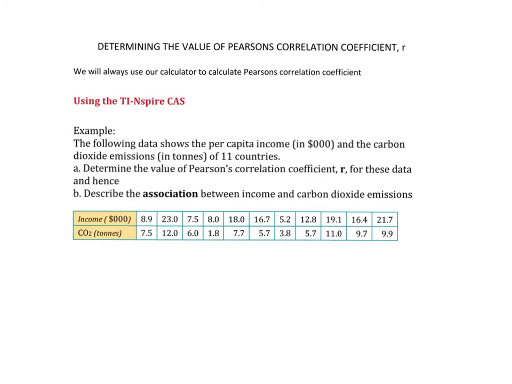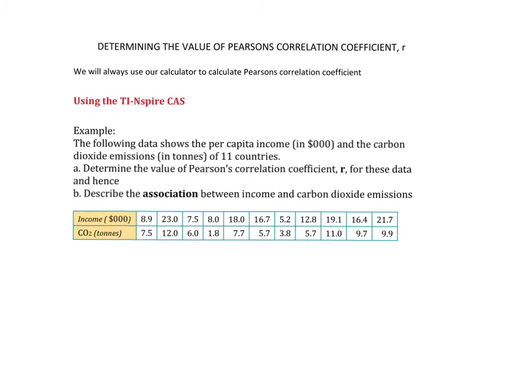Now, how do you know which is the dependent and which is the independent? Consider the fact that the more industrialised, wealthy countries are going to have lots more manufacturing and therefore produce a lot more carbon dioxide. So we would quite naturally say that wealthier countries will produce more CO2.